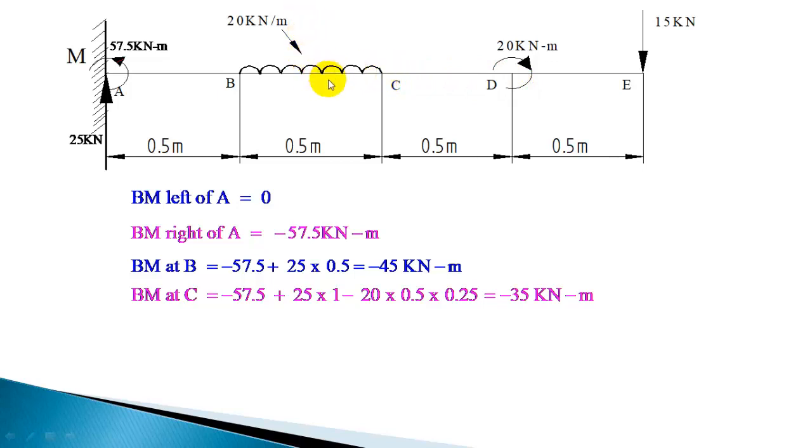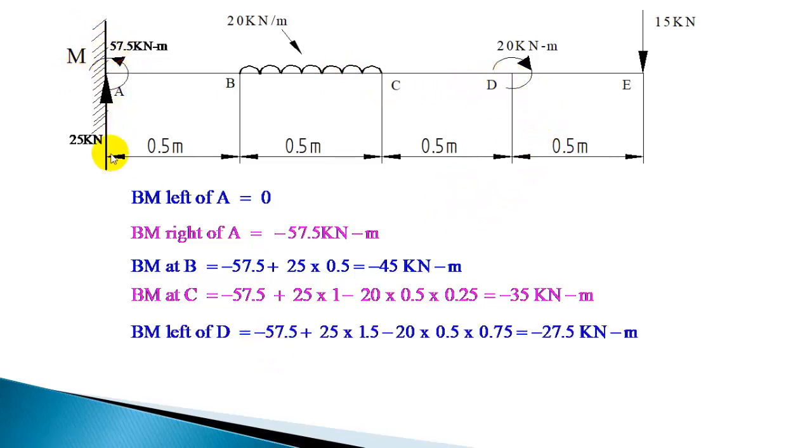The resultant load is 0.25 from C. So minus 20 into 0.5 into the distance, 0.75. So minus 57.5, 25 into 1.5, minus 20 into 0.5, the load, into the distance 0.75. So that will give minus 27.5.